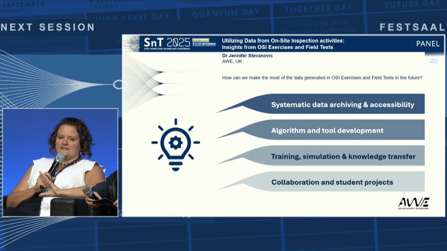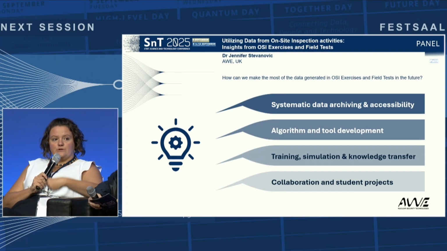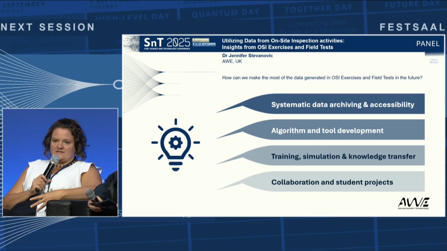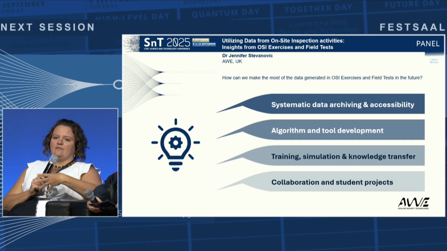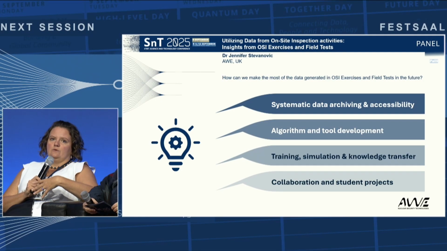So a systematic approach to data archiving is one way that we can really add value straight away. We can also use all of the data that we've collected, particularly because it was collected with our specific context in mind, to develop our tools and algorithms to make our lives in the field much easier and to make our experience more efficient.